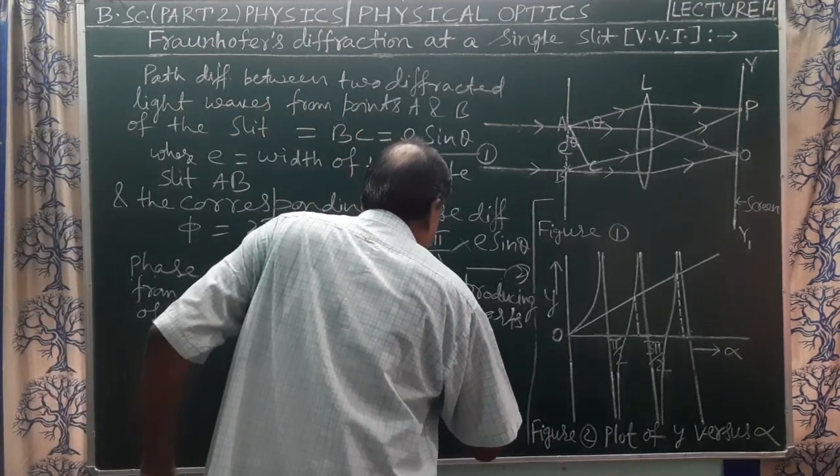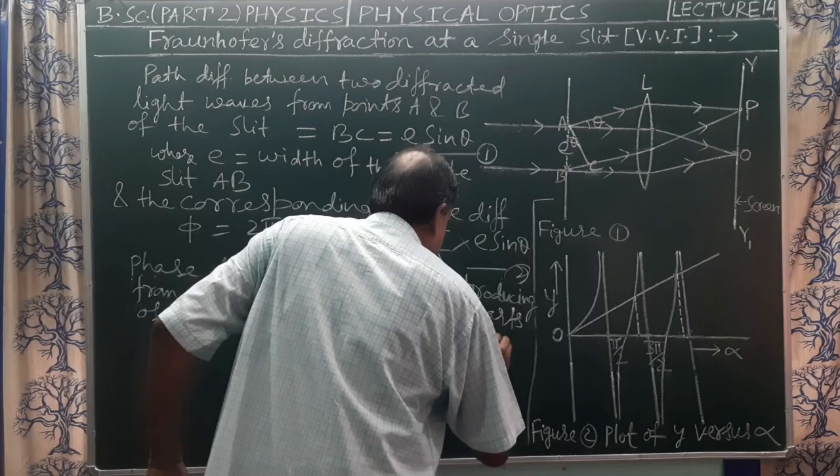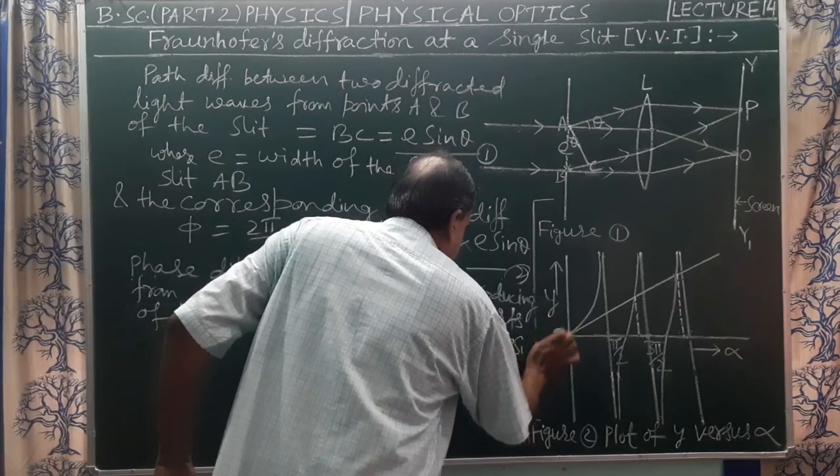So it is 1 by n into 2 pi by lambda into small e sin theta.